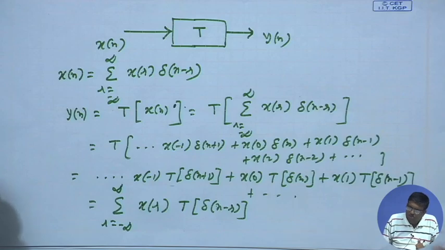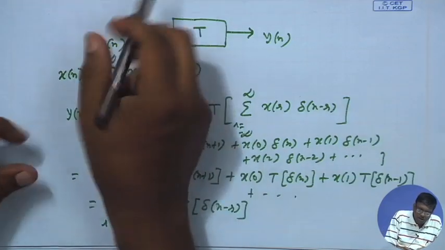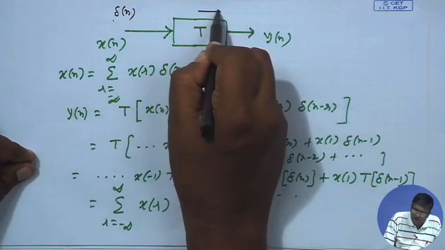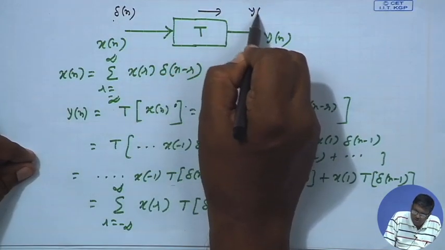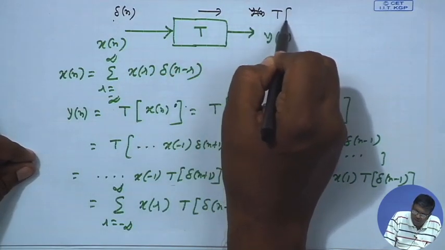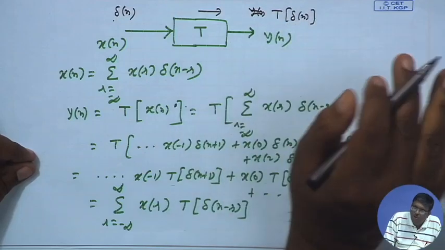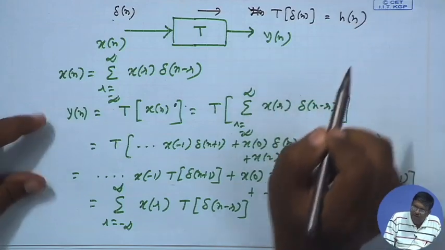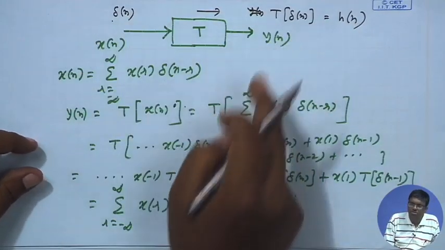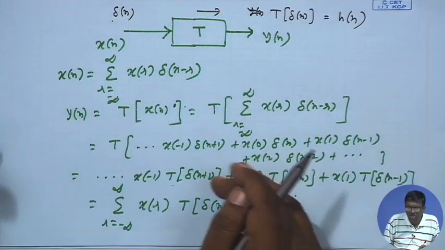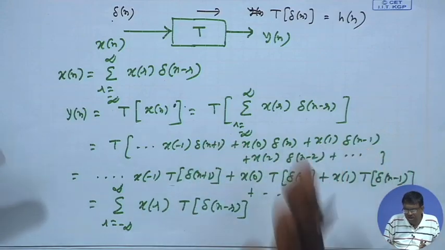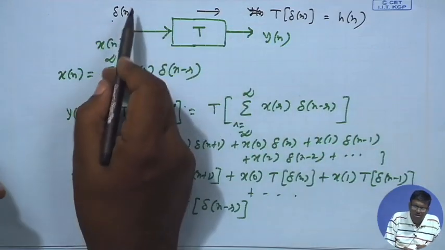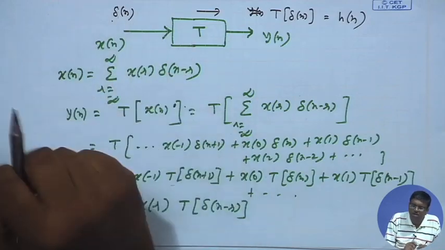Now, suppose you give delta n here and record the corresponding output, T of delta n, and call it h n, the unit sample response. By loose usage we sometimes call it the impulse response, but actually it is the unit sample response, because this symbol looks very much like the impulse function of analog.